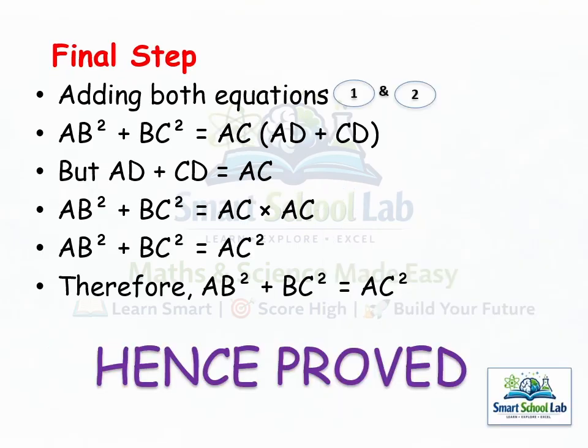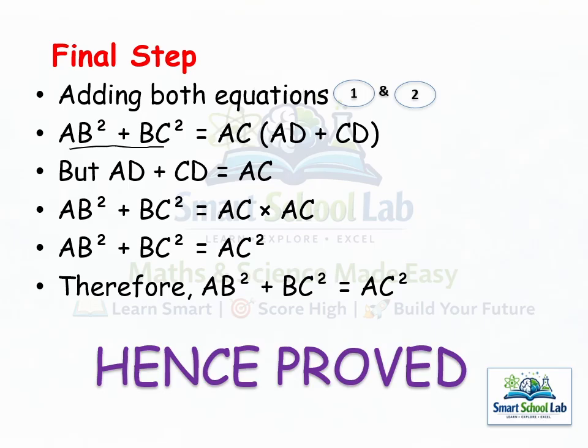Here we come to the final step, that is adding both equations 1 and 2. You just see what you have written in your notes: AB square plus BC square is equal to AC into bracket AD plus CD. But AD plus CD is equal to AC.